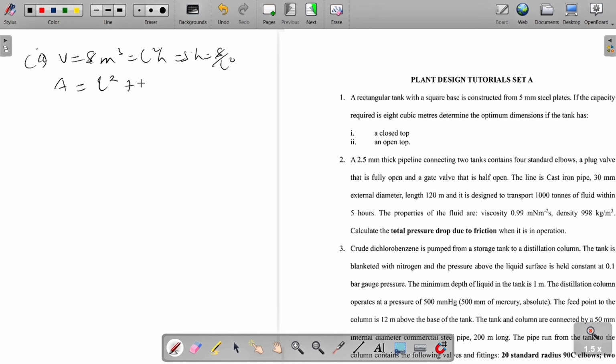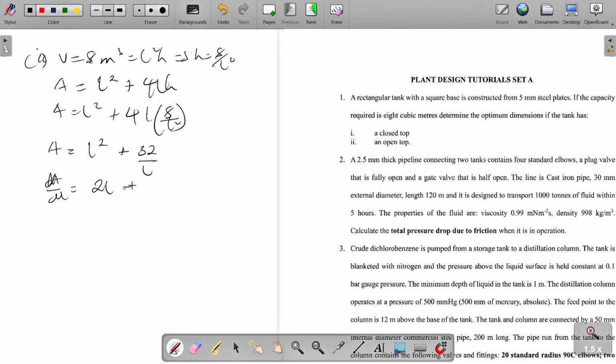But the sides remain 4, so 4LH. Putting in the H, 8 over L squared, A becomes L squared plus 32 divided by L. Did you get it? So the derivative dA/dL becomes 2L minus 32 over L squared.